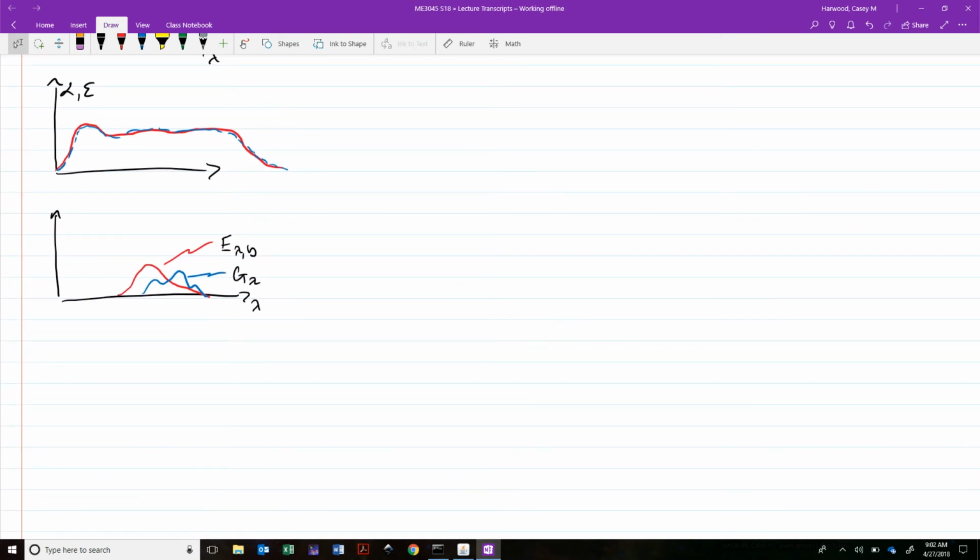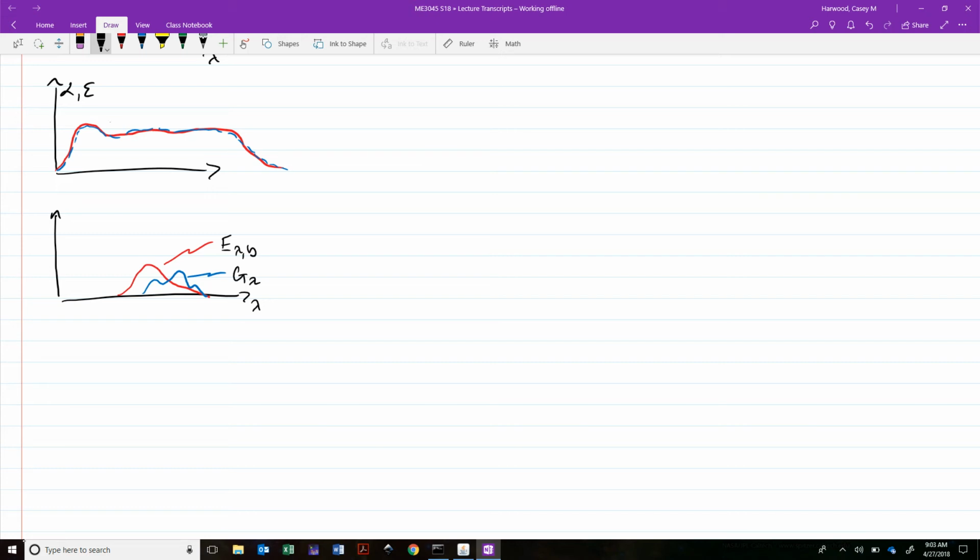The idea here is, when do the absorptivity and emissivity matter? They matter in how they modify the black body spectral emissive power and the total spectral irradiation.